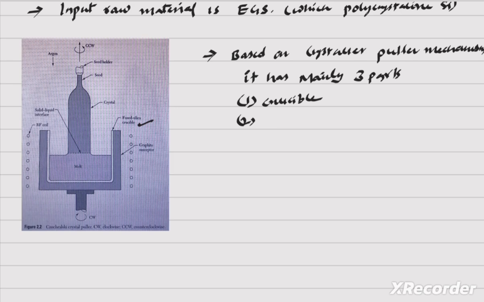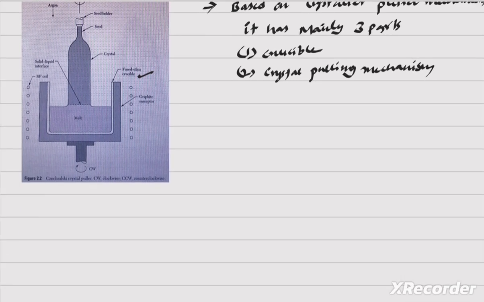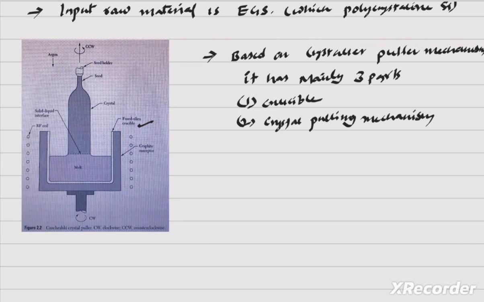The second one is the crystal pulling mechanism, which has a seed holder and also includes a rotation mechanism.